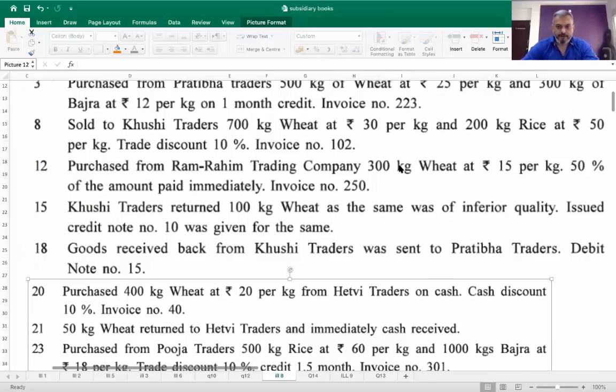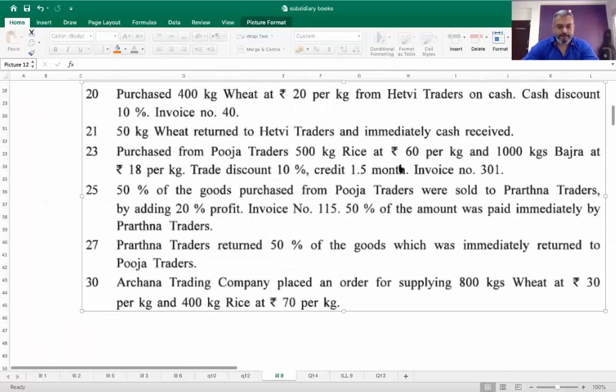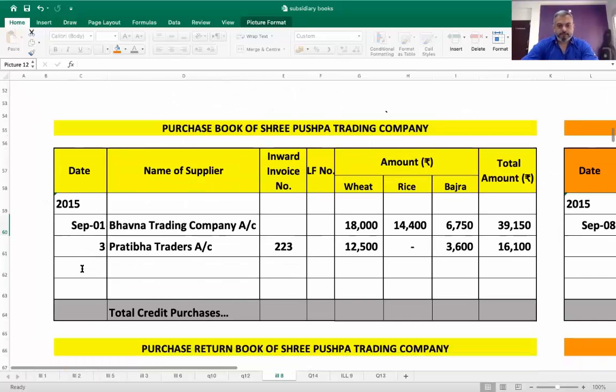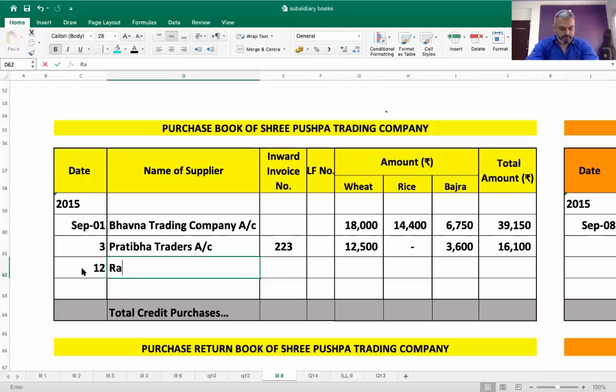So 12th, purchase book, Ram Rahim Trading Company, invoice number 250, wheat at 15 per kg, 300 kg. So 300 into 15, 4,500.